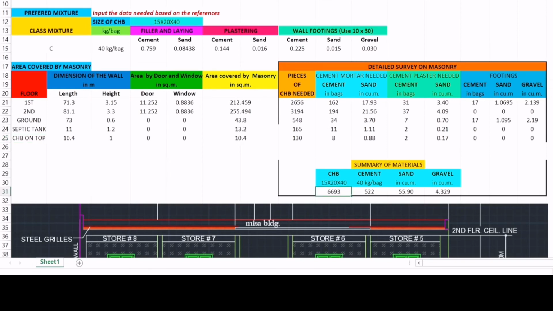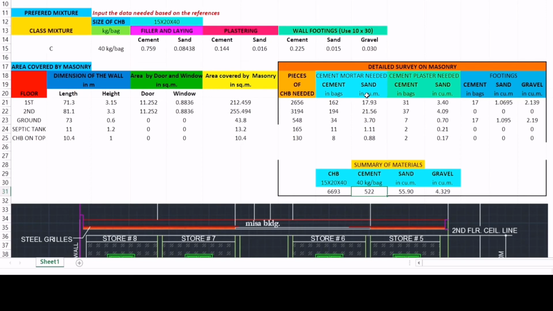6,693. And for cement, we just need to add all the cement needed for cement mortar, for plastering and for footing. So we had a total of 522 bags of 40 kilogram per bag cement.